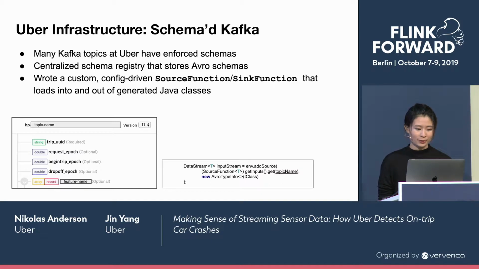And this is all made possible because we have a centralized schema registry that stores Avro schemas and has the definition according to the versions. So in our configuration files, we only need to specify the Kafka topic name and also the version, and then we can get this source function that reads in our input data stream.